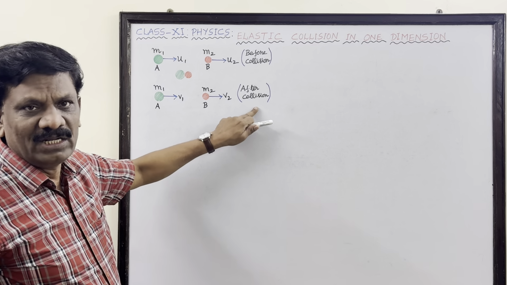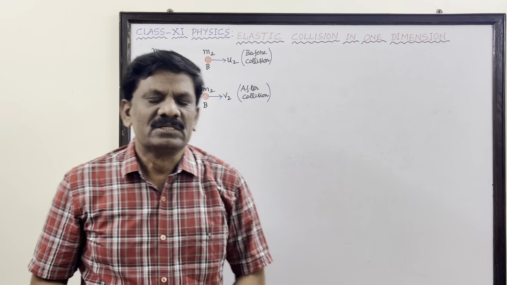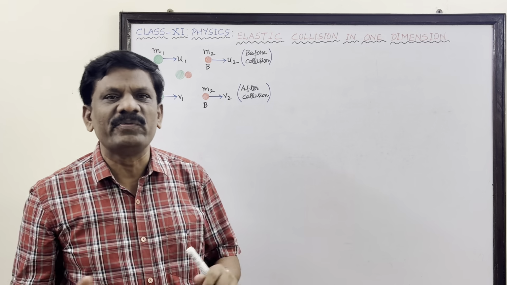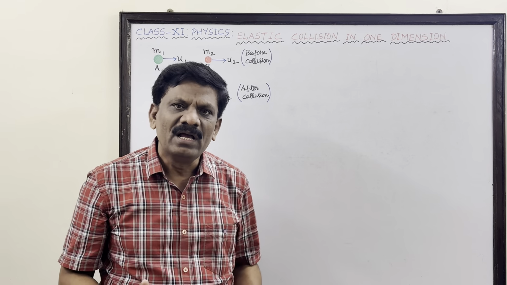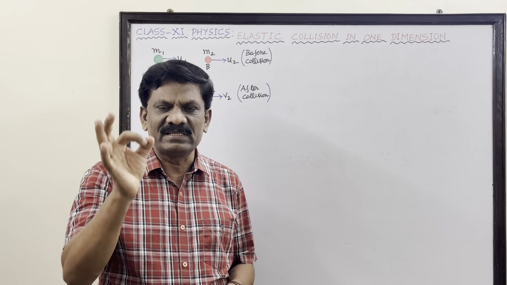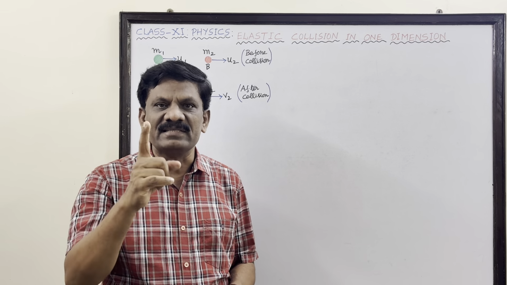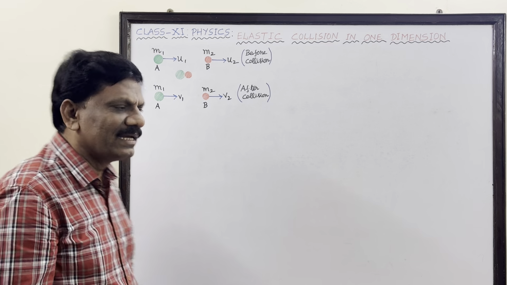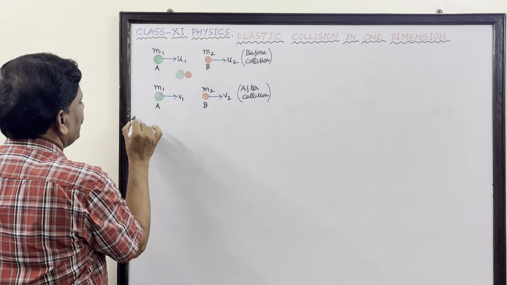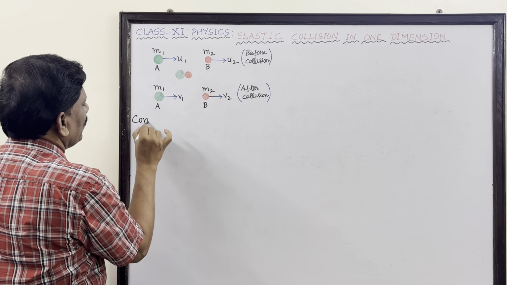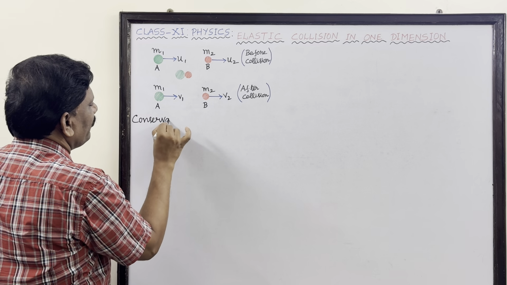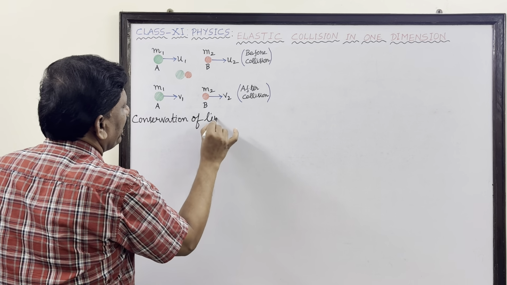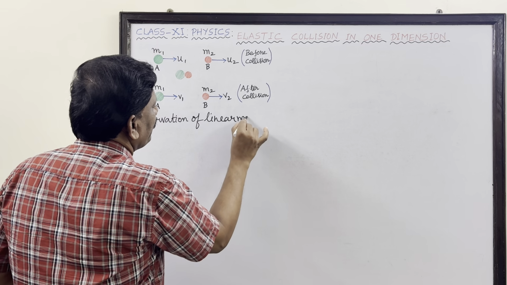So children, in any type of collision, irrespective of whether it is elastic or inelastic, the first physical quantity to be conserved is the linear momentum. First we will discuss conservation of linear momentum.